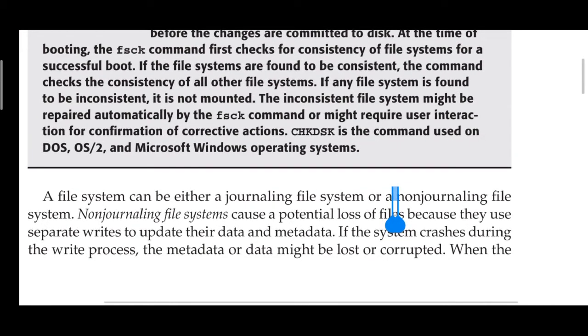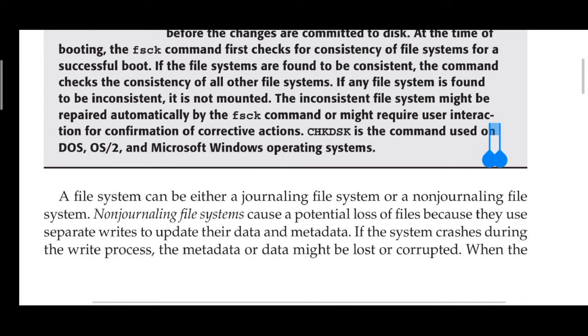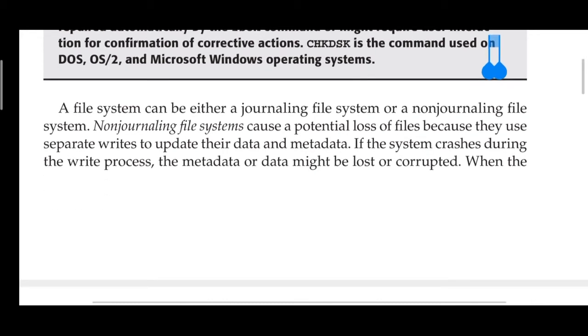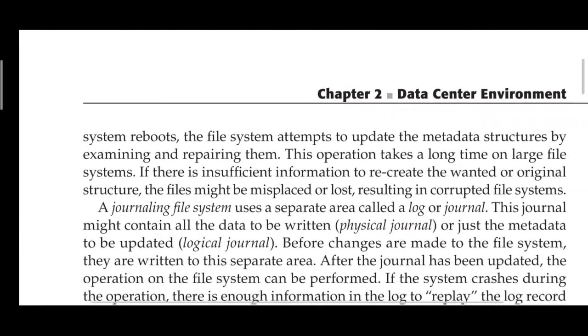Non-journaling file system causes a potential loss of files because they use separate write operations to update their data and metadata. Separate IO operations are to be performed for updating the data as well as metadata for non-journaling file system, whereas in case of journaling file system, a common read or write operation updates the data as well as metadata information, which is called as journaling file system.